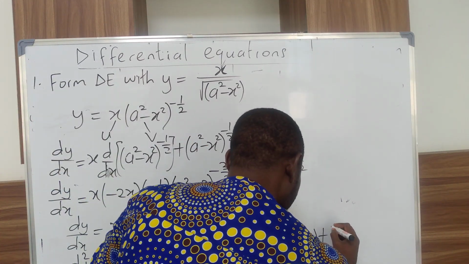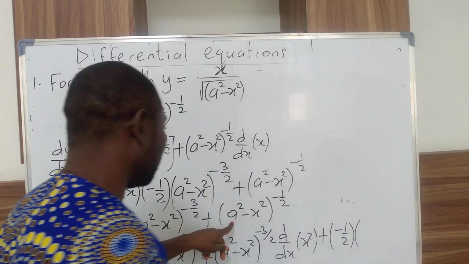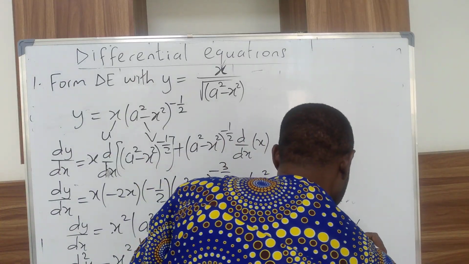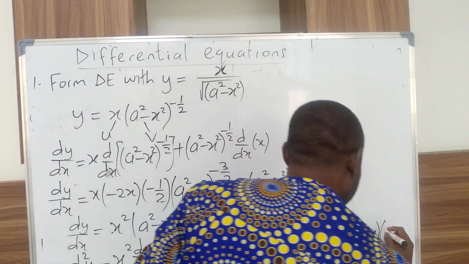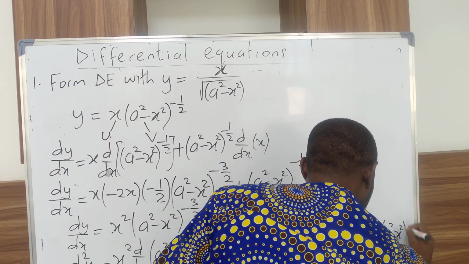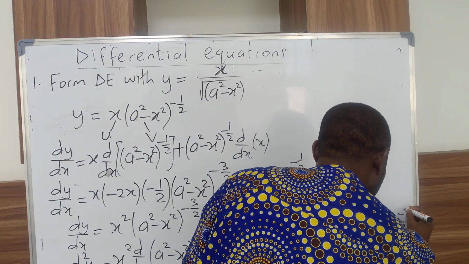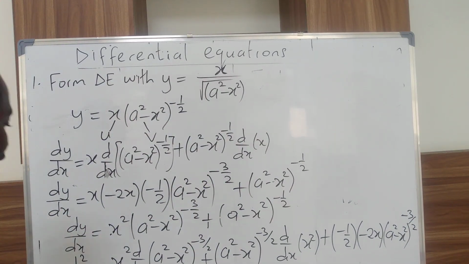So I'm going to have minus half, then into, then I have to differentiate what is inside here. That will give me what? Minus 2x. And I'll now write everything. (a squared minus x squared) to the power minus half minus 1 will give me minus 3 over 2. Okay?